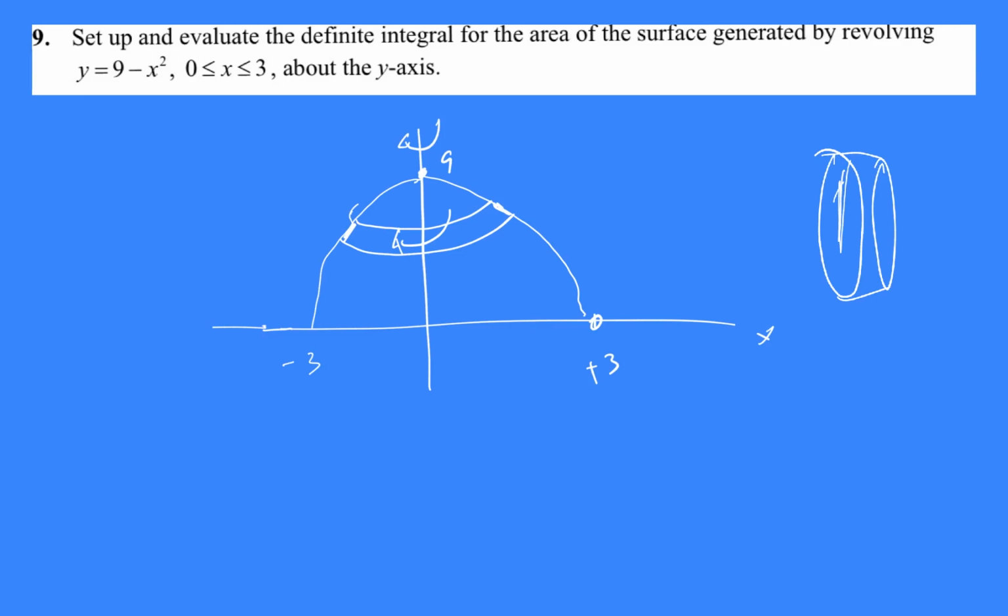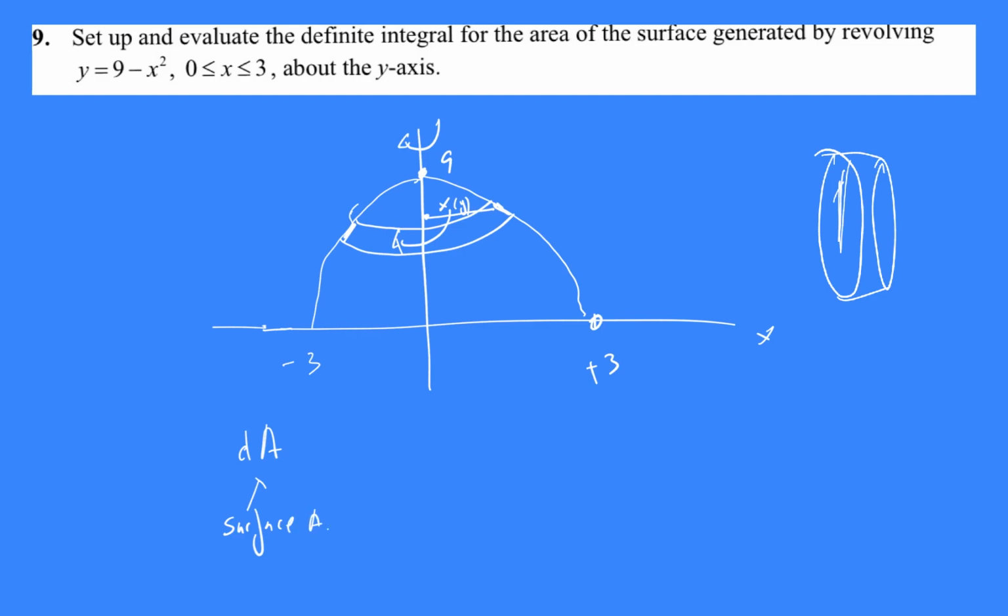So for the formula for the arc length, now the radius will be x of y. So the surface area, dA, let's put dA for the element of surface area, not to confuse it with the element ds.